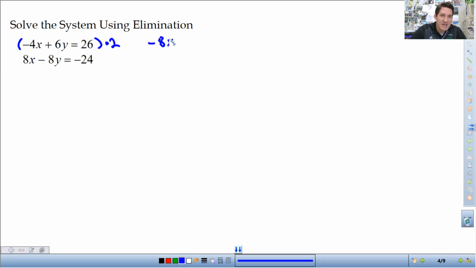So now I have that condition where the -8 and +8, when I add the equations, will cancel out. Again, times 6y, so that's plus 12y is equal to 26 times 2 is 52. I'm going to take the bottom equation, line it up underneath, so it's +8x minus 8y is equal to -24.